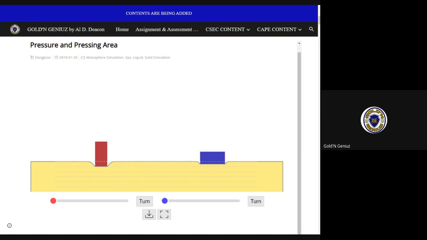Which of these shapes are applying the greater pressure on the surface? Let's see what you say. Now we have an O right here, and another O, and another O, and we have O after O. No one is saying B. Why?